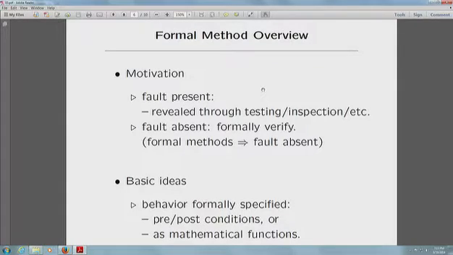Verify that is indeed the case. So to show it schematically, we are trying to do something along this line.